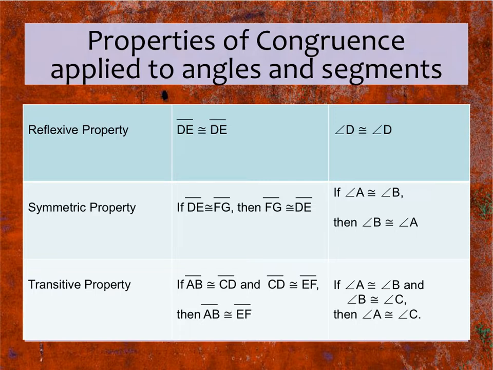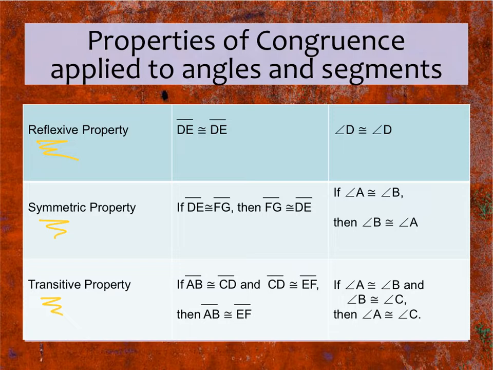For your purposes on your proofs, I don't need you to state that this is the reflexive property of congruence. When you list it as a reason in your proof, you can just write the word reflexive or symmetric or transitive. You don't have to include property of equality or property of congruence when you're listing these 3. And you can use them interchangeably.